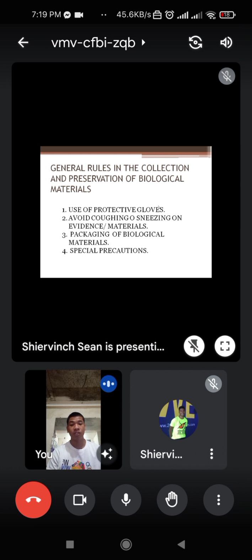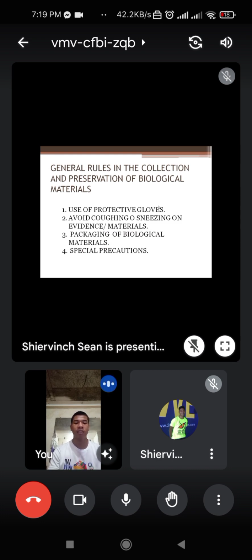You must also change gloves after handling each kind of test and collection of trace evidence. Also cover surfaces where materials are to be placed, and avoid coughing or sneezing on evidence or materials because it may contaminate the evidence.